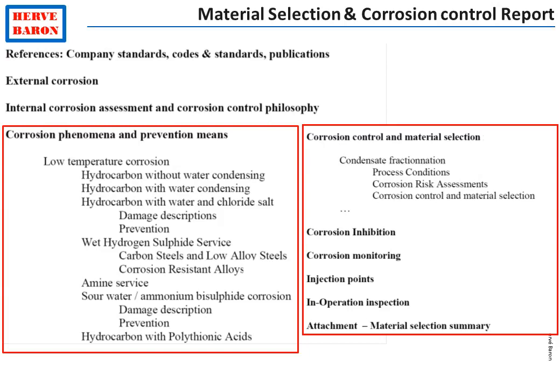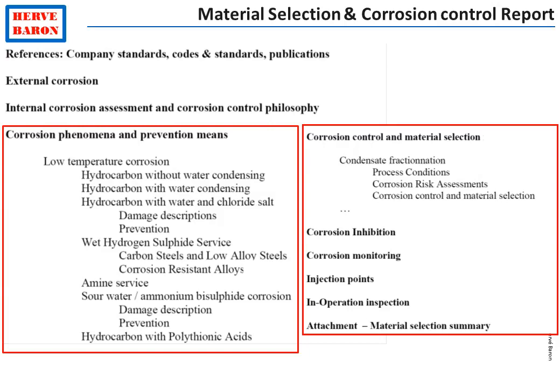We have seen the most likely one, the most common one in upstream facilities, which is corrosion due to acid water due to the presence of CO2, but there are numerous other corrosion phenomena. So the first part of the document lists all these corrosion phenomena.